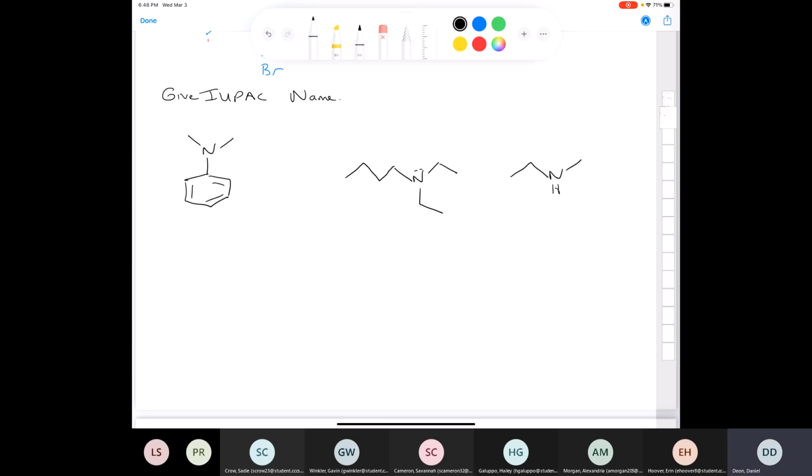Okay, I want you to give the IUPAC names of these, not the common names, the IUPAC names. Sadie, this is what you meant, right? You want to do nomenclature of a secondary or tertiary? Here we have a tertiary, here we have a tertiary, and here we have a secondary. All right, so give them a shot. Give you a few more seconds.